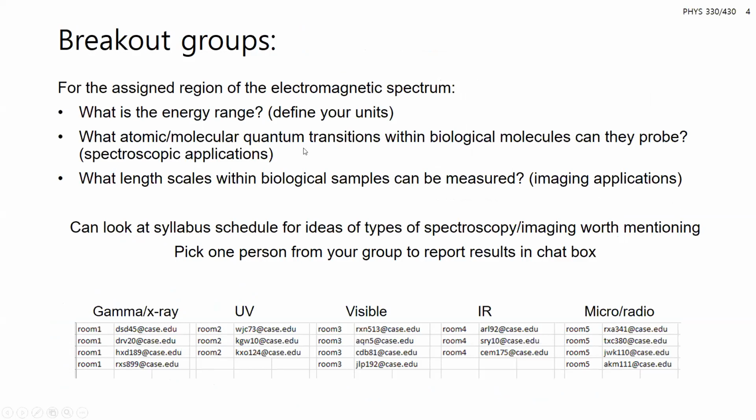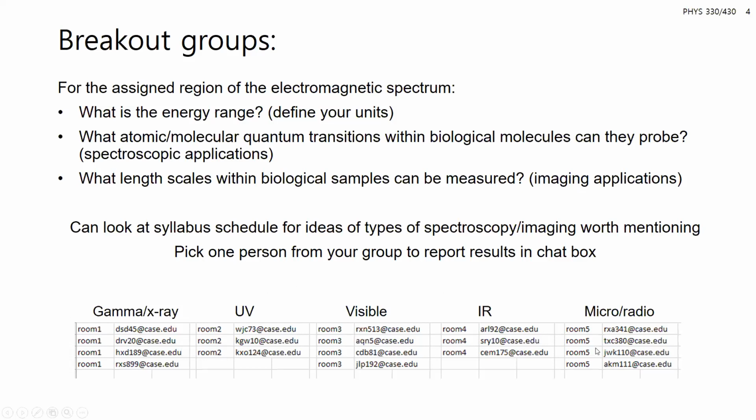This would be things like, do they interact with a nucleus, with electrons, inner shell electrons, rotations, vibrations, and the like? And also, I want you to think about different imaging applications that these different regions are used for. We're going to get more into imaging applications later in the semester, but I'd like you to discuss those anyway. So I have breakout groups.